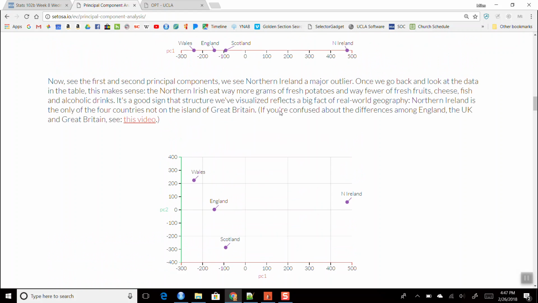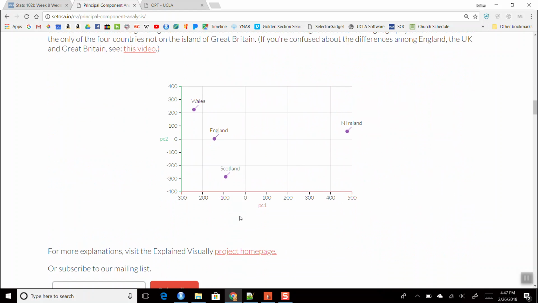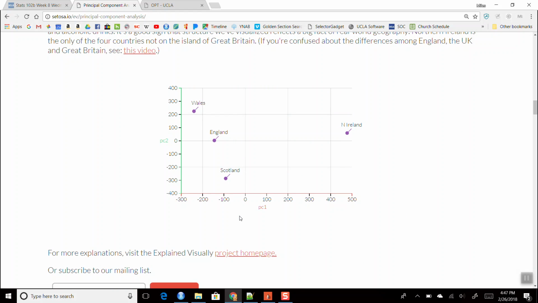If we study how many fresh potatoes they eat, Northern Ireland consumes a lot more potatoes, at 1,000 versus the other ones at 720 and things like that. The alcoholic drinks also factor into the placement here.